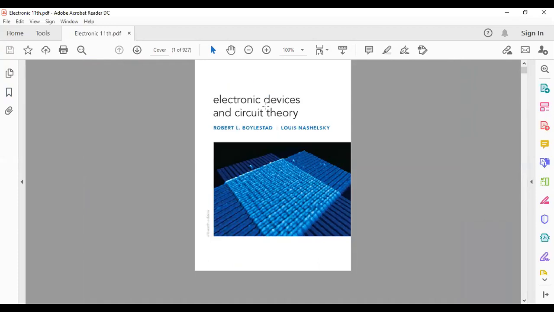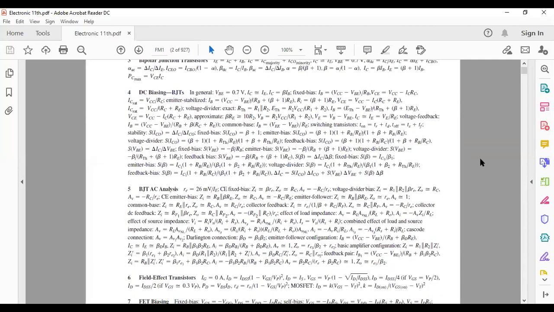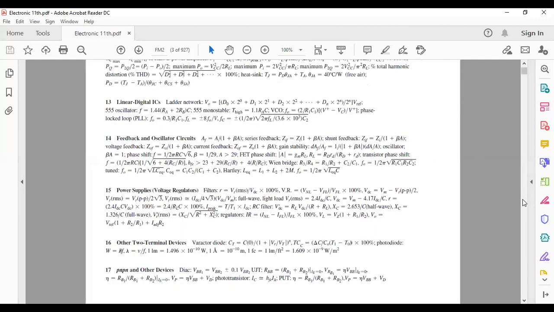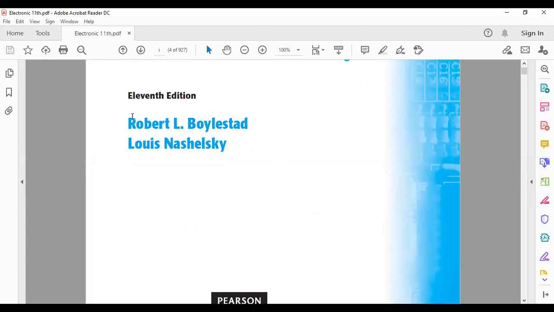So the book is Electronic Devices and Circuit Theory by Robert Boylestad and Louis Nashelsky. You can find it by the name Boylestad; this name is famous. Many versions are available. I am referring to the 11th version. The 7th and 10th are also available. They are almost the same.